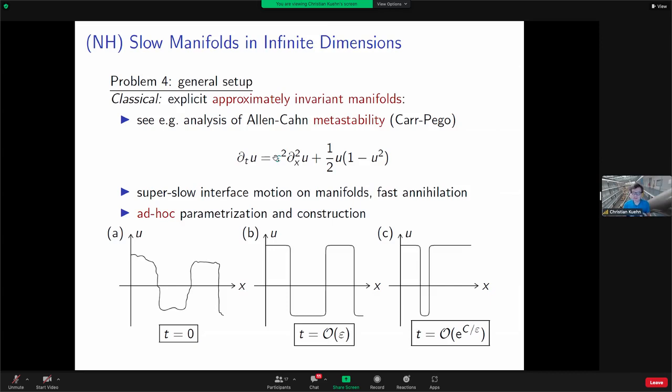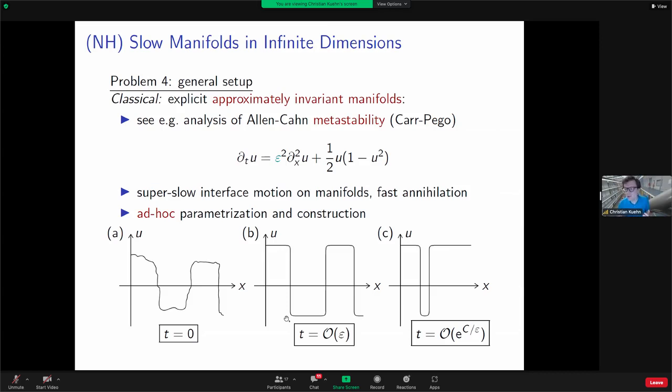But here, the splitting of fast and slow components is basically giving you automatically a parametrization, by knowing that the phenomenon you are interested in is the ultra slow motion of interfaces driven by diffusion. So the parametrization of the manifold is already given to you by the interface positions. And these interface positions can then be used to do an ad hoc construction of a slow manifold effectively, or an approximate slow manifold to be very precise.